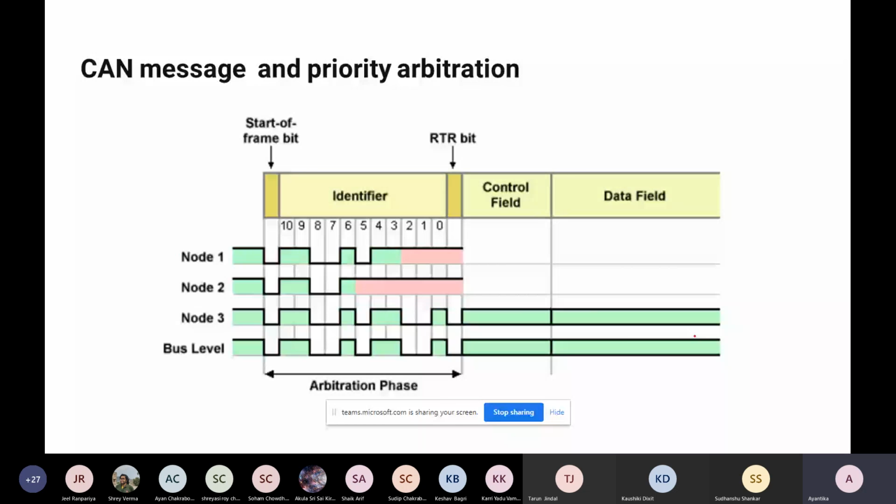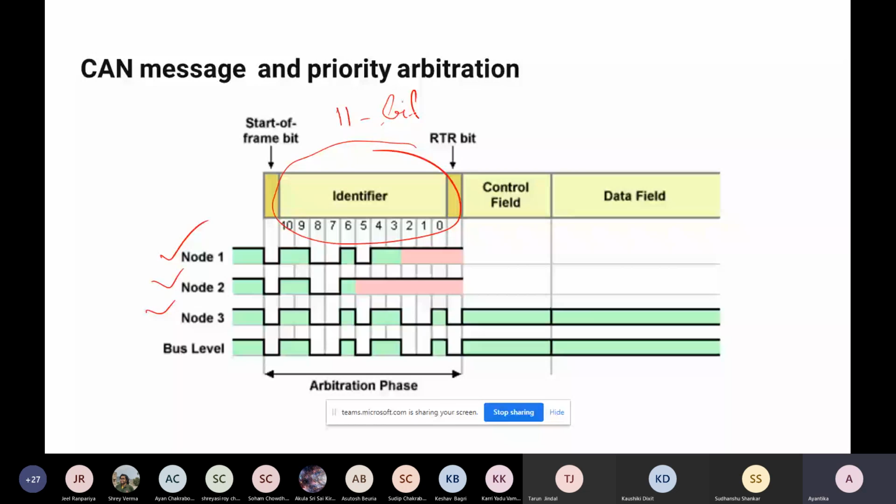That means node 1, node 2, node 3 all are trying to communicate, all are trying to transfer to the CAN bus. Now who will get the access? That is dependent on the priority of this identifier field. Now, what do we understand by this? This identifier field of CAN is 11 bit.